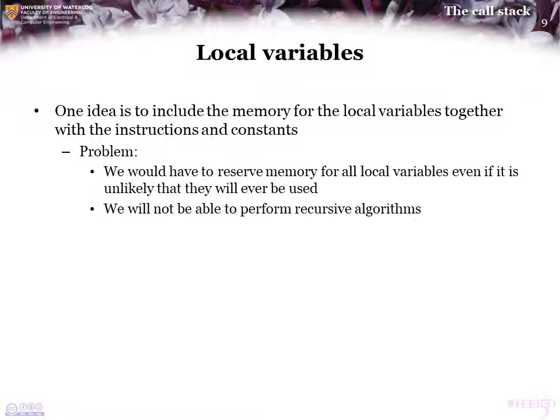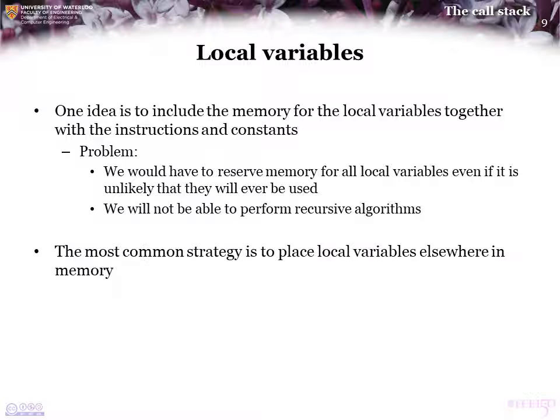But also, we will not be able to perform recursive algorithms or recursive function calls. Now, again, we haven't covered that yet, but these are just some of the problems with storing local variables together with instructions and constants. It is preferred to find a different location in memory in which to store local variables.